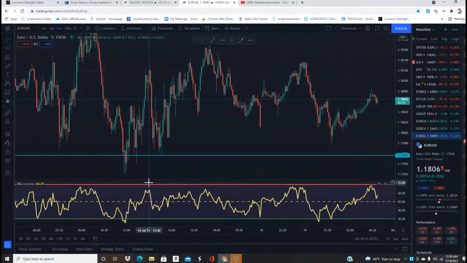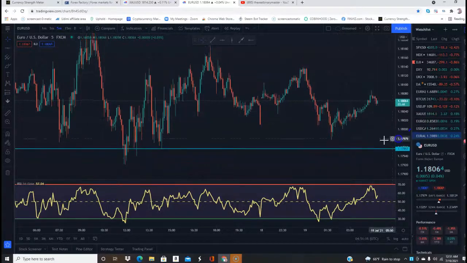The RSI is a momentum indicator used in technical analysis that measures the magnitude of recent price changes to evaluate overbought or oversold conditions in price. So again, it's a momentum indicator. We use it for technical analysis. It measures the magnitude of recent price changes to evaluate overbought and oversold conditions in current price, or in price in general, right?